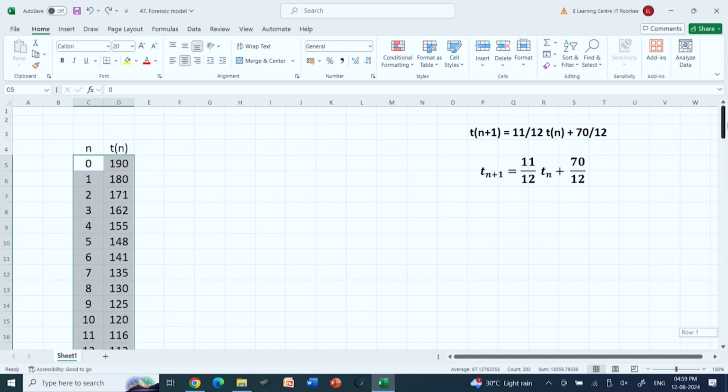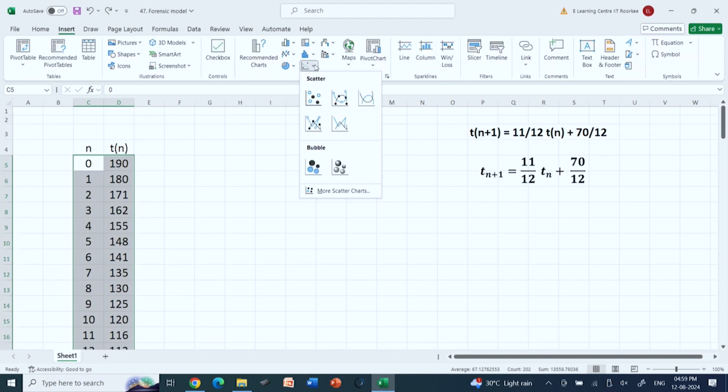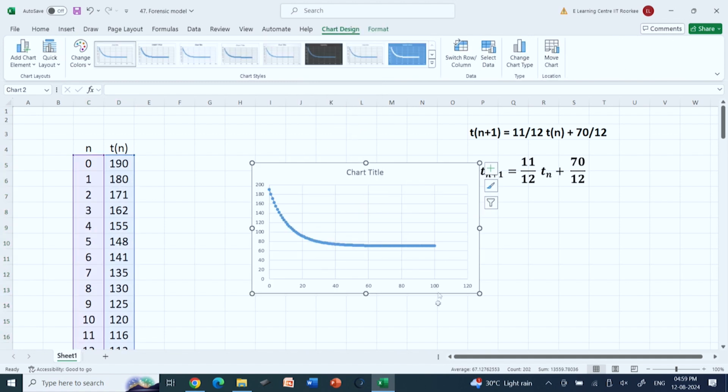So I highlight them, I go to insert, click the chart and thus.